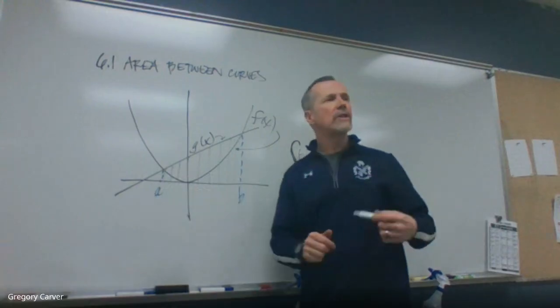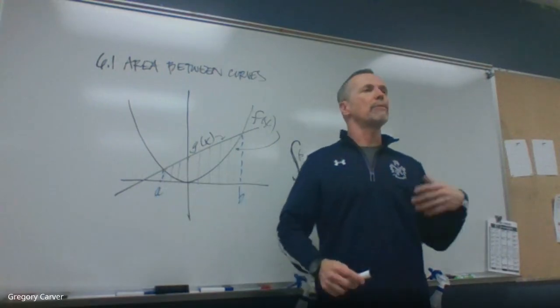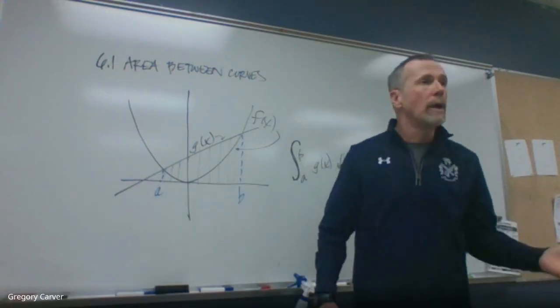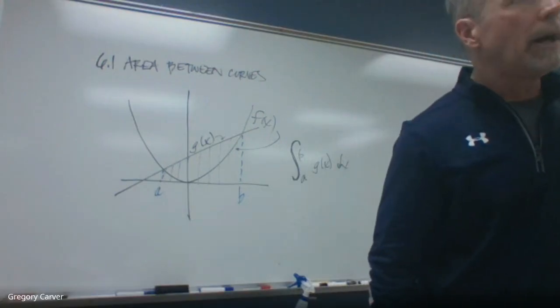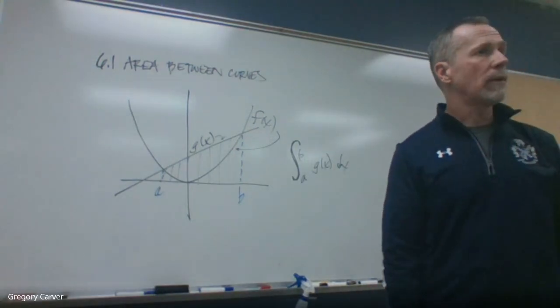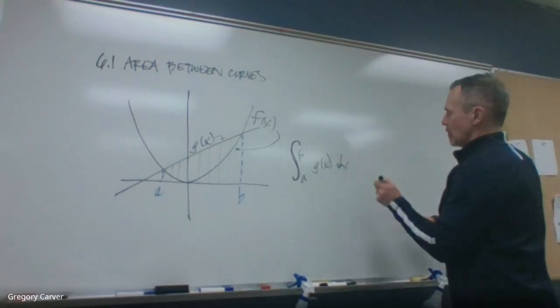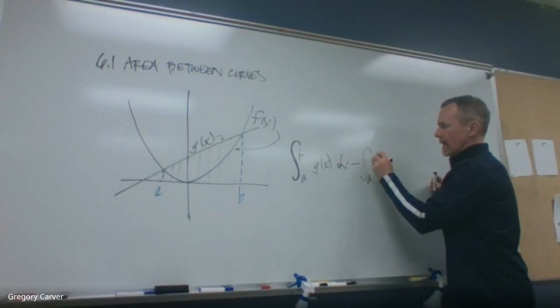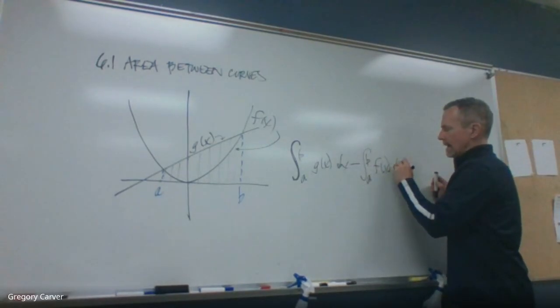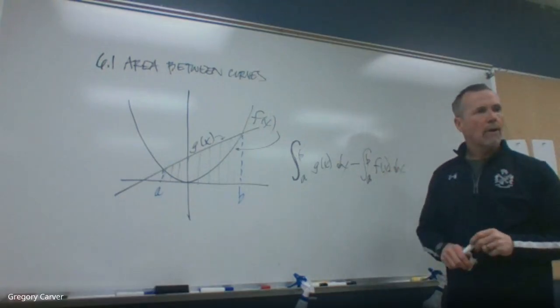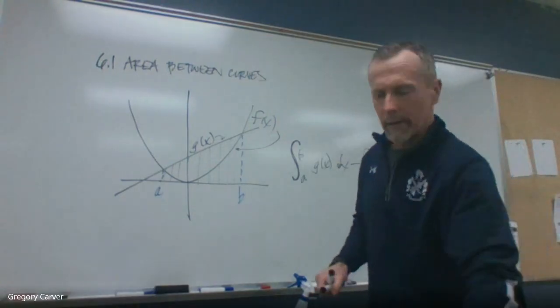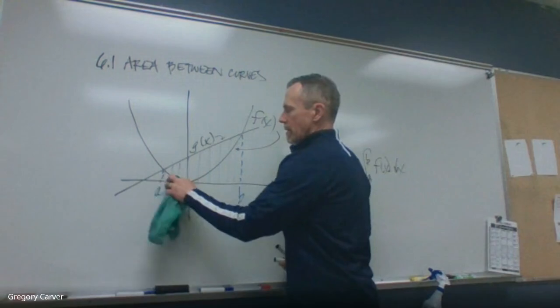So in order to get just the area between the two curves, I'm going to subtract out the area that I don't want. And I don't want the area underneath f of x. So that's what I'm going to take away. I just take this and then I subtract out the integral from a to b of f of x dx. And that then subtracts out all of this, right?